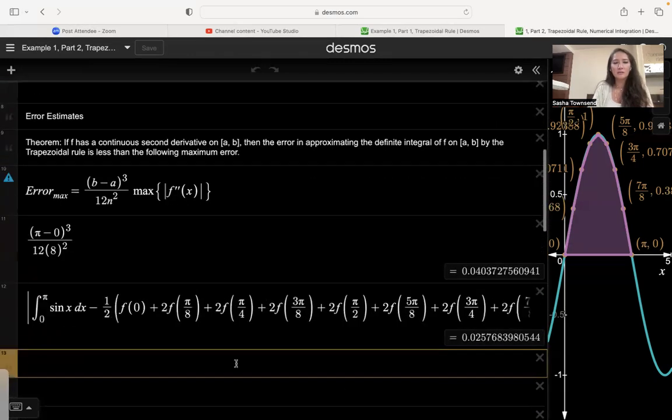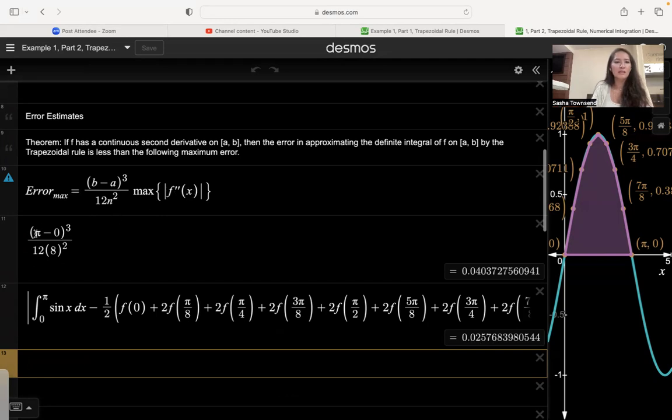So if we look at the difference between the actual value and the approximation using the trapezoidal rule, our actual error is approximately 0.02576. So it's very, very small, 0.025. Our maximum error can be computed using the same formula. The second derivative is still negative sine of x.